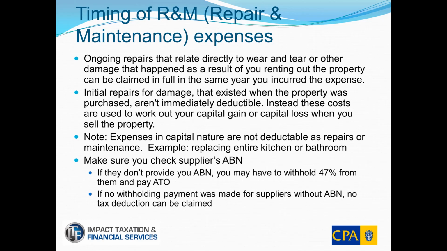In reality, that can't happen because the tradesman wouldn't accept a 47% discount from you. So if you are paying cash and you don't have a valid copy of the tax invoice, or you don't have their ABN number, you can't claim a deduction for your rental property for the expense.